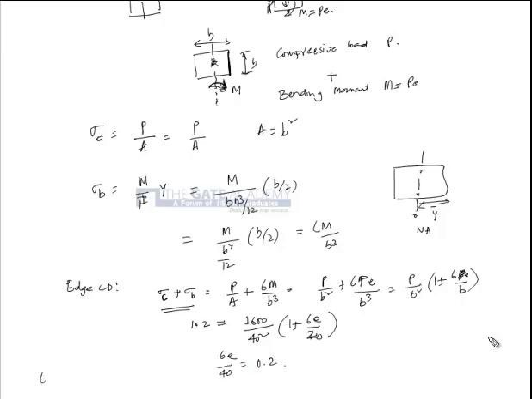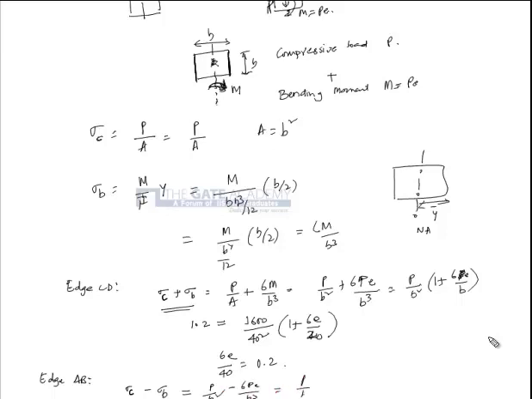Now at the edge AB you have the compressive stress, which will always be there, but the bending moment will produce a tensile stress in this fiber. So the net is compressive, sigma C minus sigma B, which is P by B square minus 6PE by B cube.